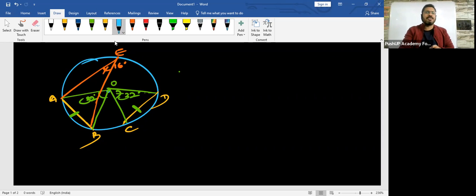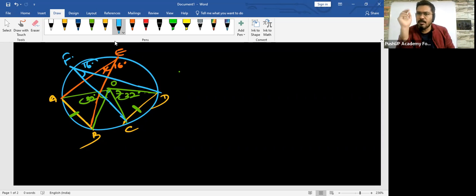Now you answer this, children. How much would be the angle subtended by chord CD at the circumference, angle CFD? That will also be 16 degrees. All right. So if two or more chords in the circle are equal in length, then whatever is the angle subtended by the first chord at the center or on the circumference, the same will be the angle subtended by the other chords at the center or on the circumference. So this is the property.